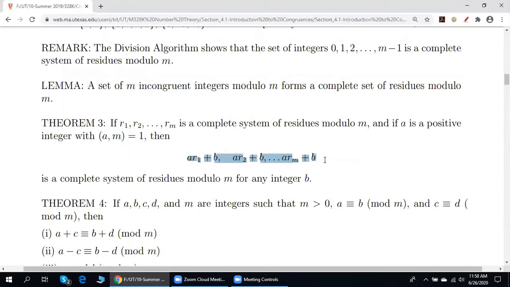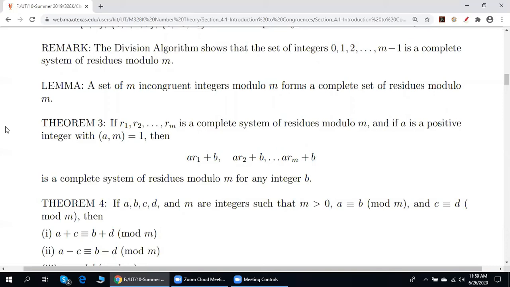Then this is a complete system of residues modulo m again, where B is any integer. So theorem 3 shows us how to come up with a new complete system of residues starting from an old complete system of residues modulo m.